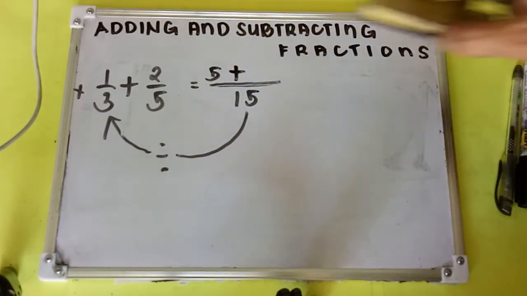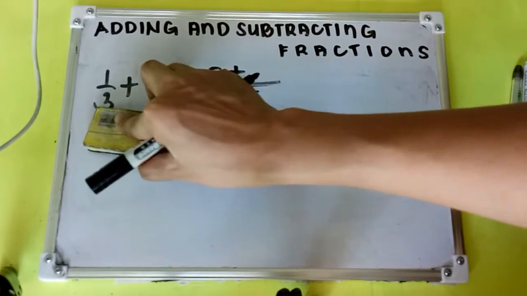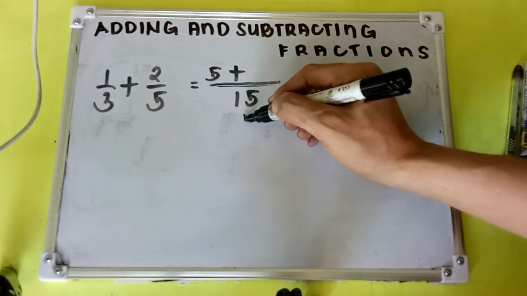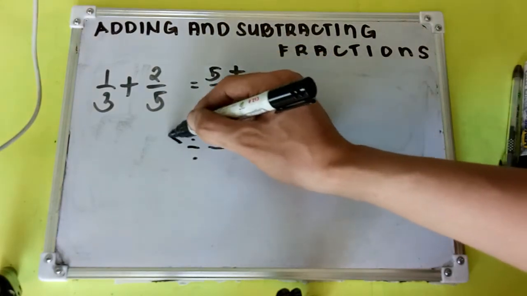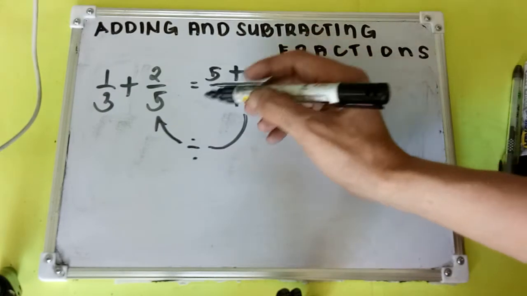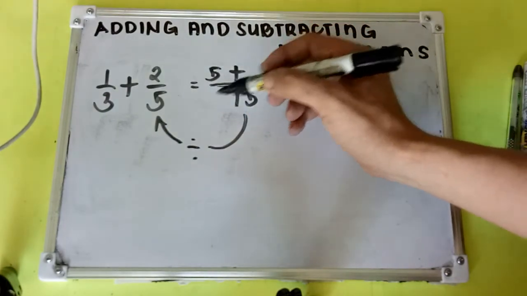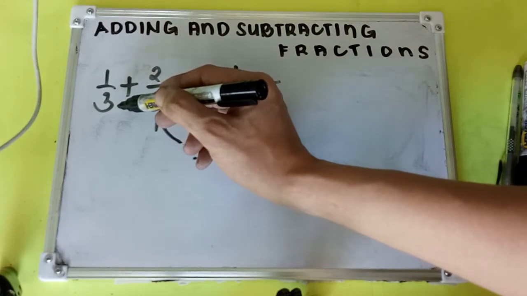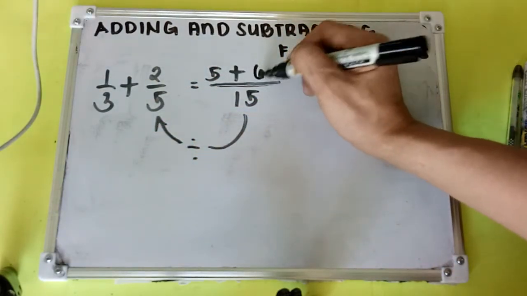Next, dito naman tayo sa kabilang term, kasi tapos na tayo sa first term. 15 divided by 5. Ang magiging sagot naman yan ay 3. Kasi 5, 10, 15, tama, di ba? 15 divided by 5 is 3. Multiply by 2. So that is 6.